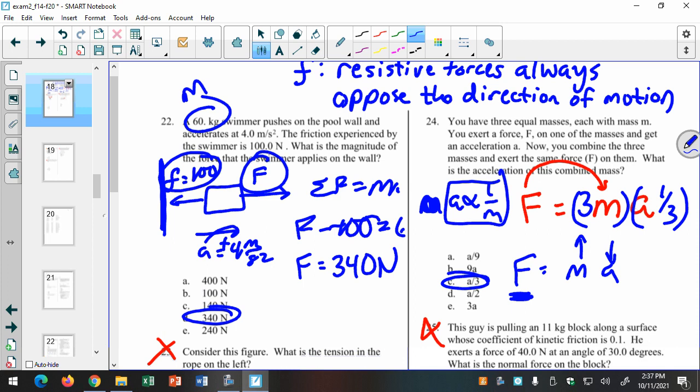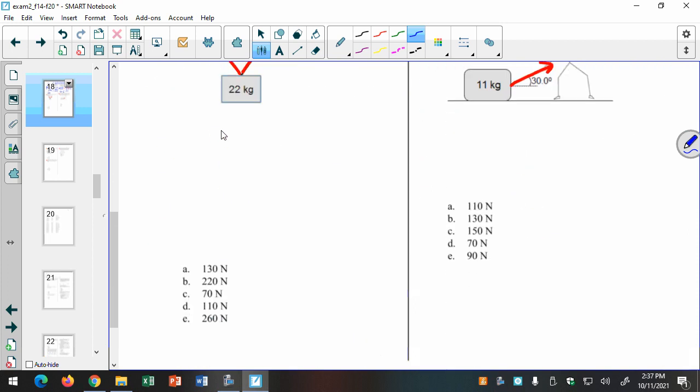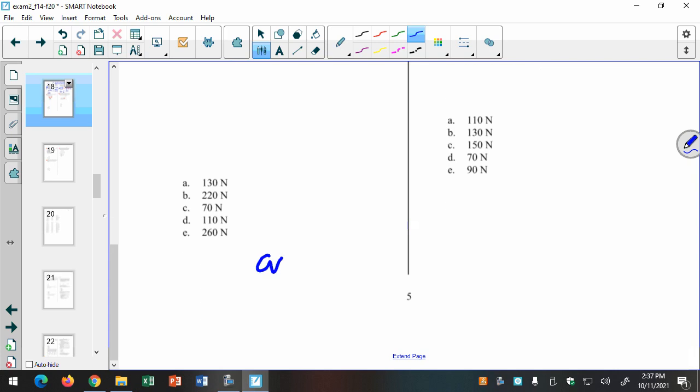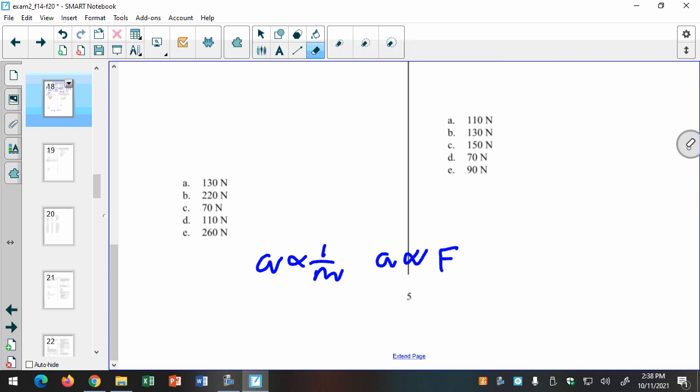Okay. When Newton wrote Newton's second law, he said that the acceleration is inversely proportional to the mass. And the acceleration is proportional to the force. I'm sorry, my pen is not working today.